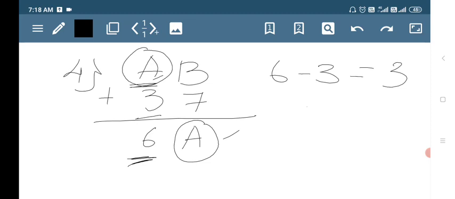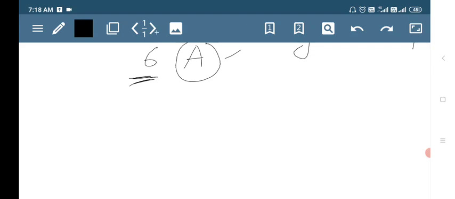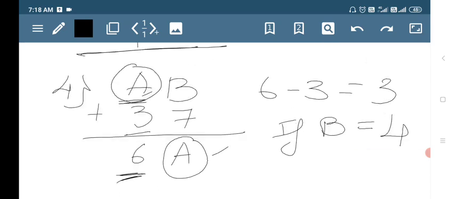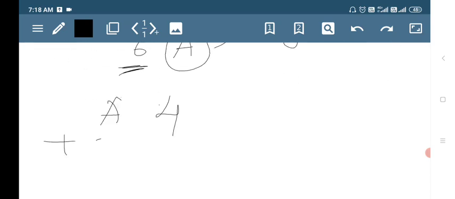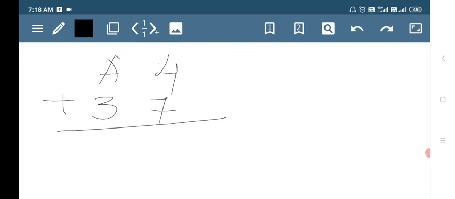So, let us check. If B is equal to 4, what can happen? A4 plus 37. So, 7 plus 4 is how much? 11.